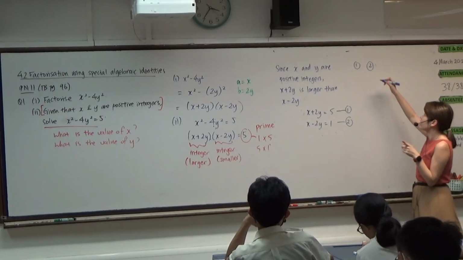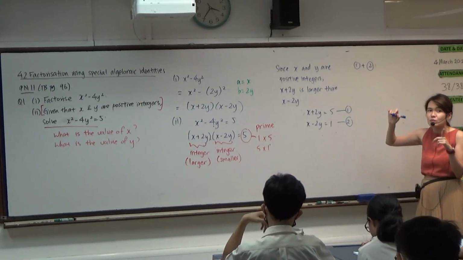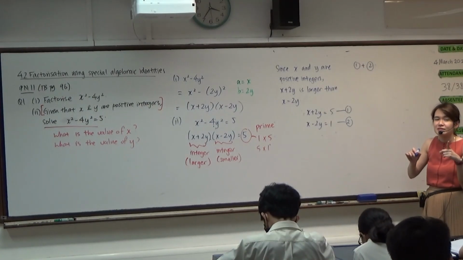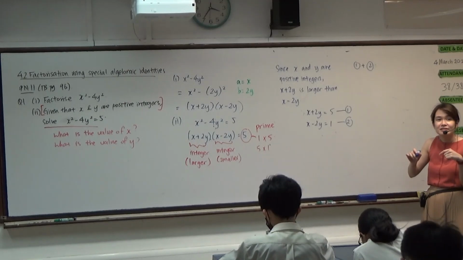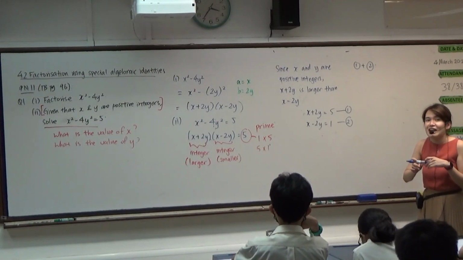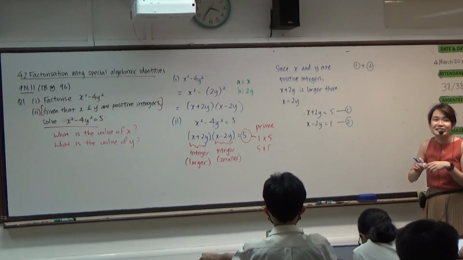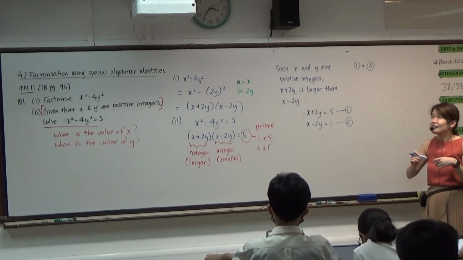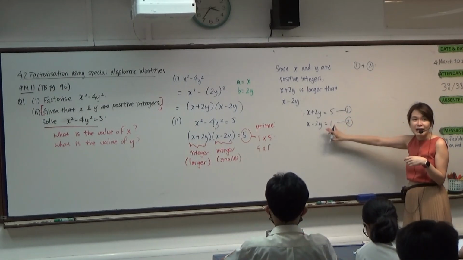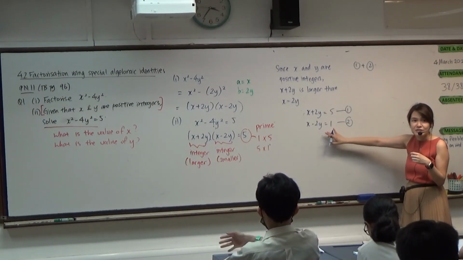Plus equation 2, okay, and that will allow you to eliminate what? You want minus. Plus or minus also can. I just need you to tell me what is being eliminated. So I stick with plus. Is it to eliminate 2y? Is that what you're trying to say?